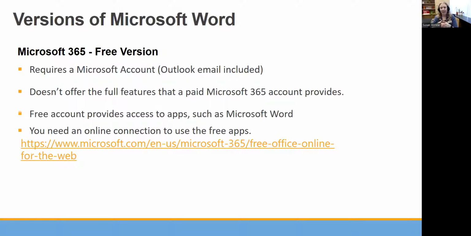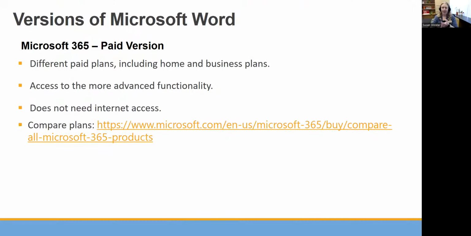You do need an online connection for that free version, meaning you have to be actively connected to the internet, either through Wi-Fi or a hardwired connection. The paid version does have different paid plans, including for home and for business use. If it's a home plan, you can also have multiple family members using it.